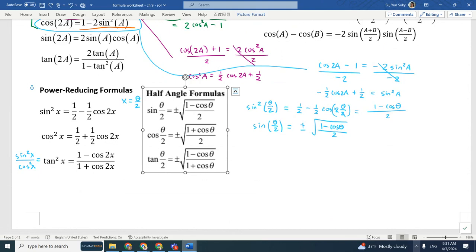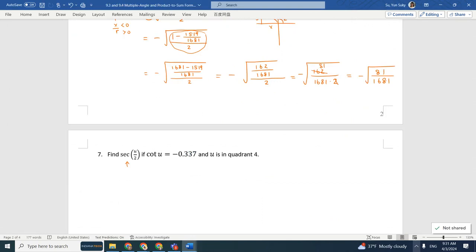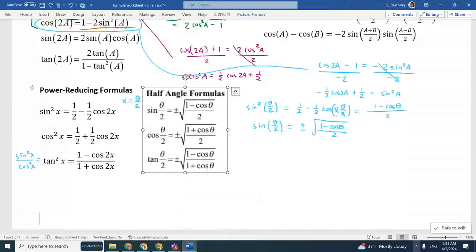In order to find secant, we need the cosine of u over 2. And look at the formula of the cosine of u over 2. Do you see this formula? We need to know the cosine u, right?